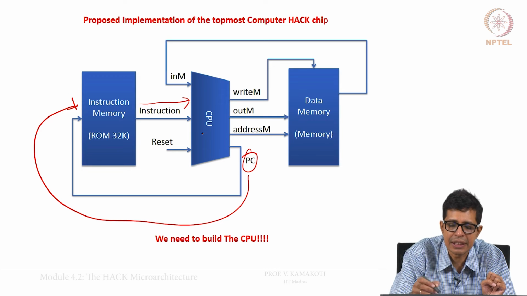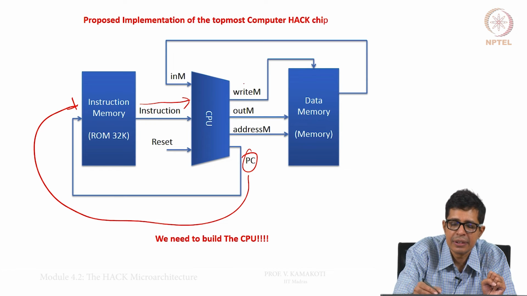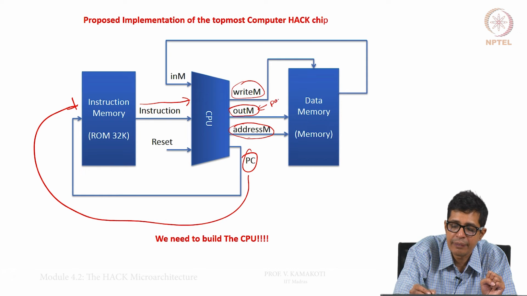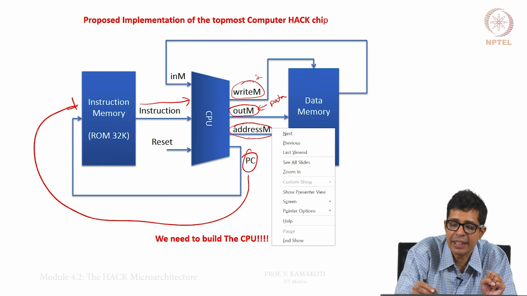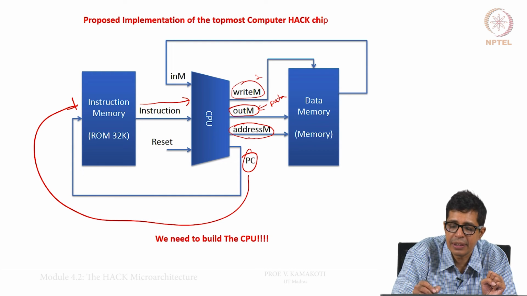When that instruction is executing, it will ask for a read or write into memory. This is write m, which is used for read or write, and this is the address. If it is a write operation, the data will come in out m, and write m will become 1, and this will be the address. So, if write m is 1, out m is data, and address m is the address where the data will be written.